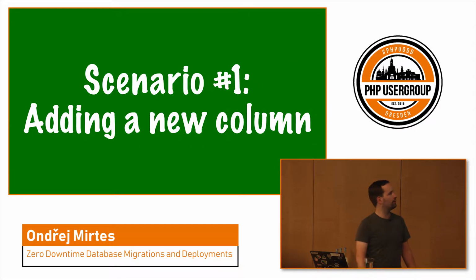So I will go through a list of things you can actually do to the database, and it's important to split the migration into multiple small steps, as small as possible. And you should also think about the deployment process during development of the feature. So when you are writing new code, you should think about how it affects the current version in production and how you will migrate the current version to your new code.